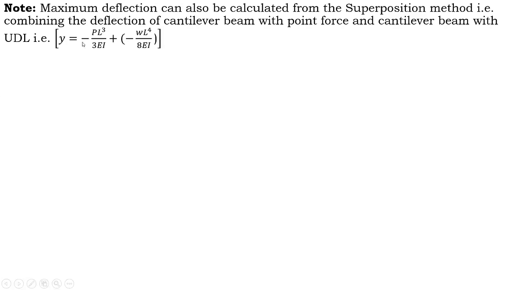For that, the deflection at the free end is given by this equation, with a negative sign because it is acting vertically downward. Similarly, when I neglect the point force and consider only the UDL, the deflection at the free end is given by this equation. When I join these two equations by substituting all the values, I'll get y, and that y is the same as what we calculated using the integration method.